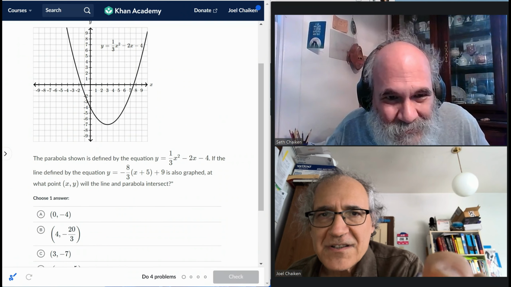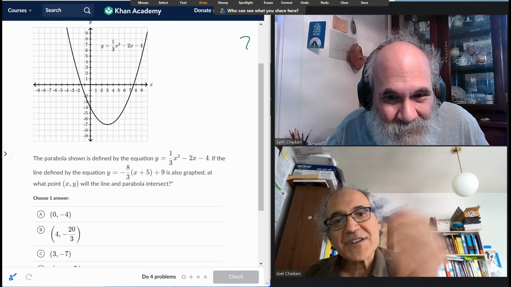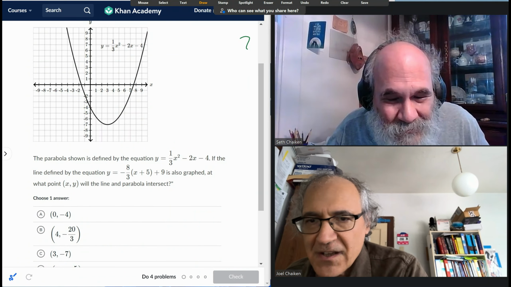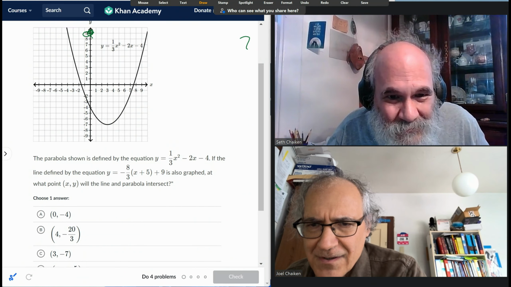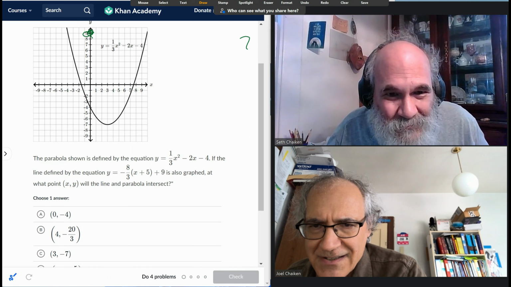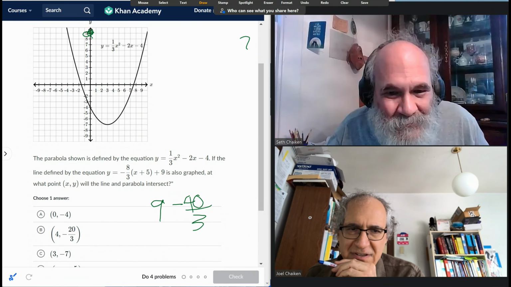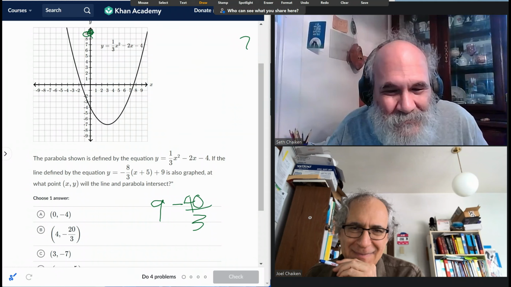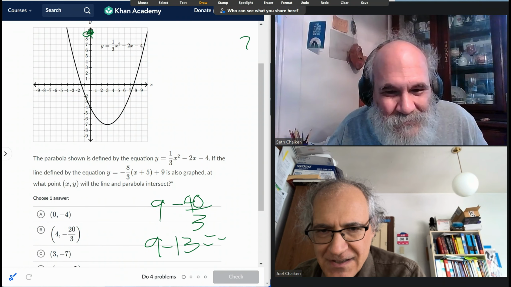There are these different modalities. You could solve a problem algebraically, with a table, or by graphing. If you go up to 9, we'll try to graph this thing. Oh, no, it's not 9. It's 9 minus 40 thirds, and 40 thirds is about 13, so it's 9 minus 13, that's negative 4.